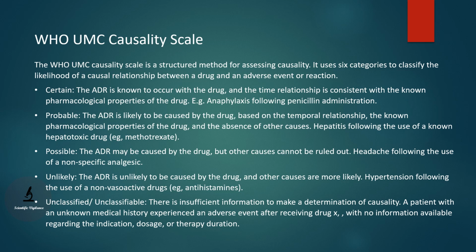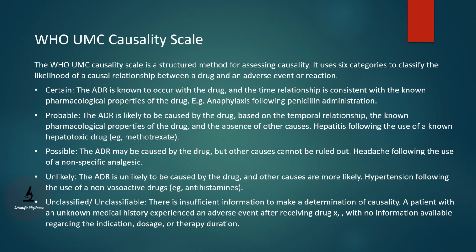Moving on to probable, this classification signifies that the adverse drug reaction is likely to be induced by the drug. Likelihood is based on the temporal relationship, the recognized pharmacological characteristics of the drug, and the absence of other potential causes.